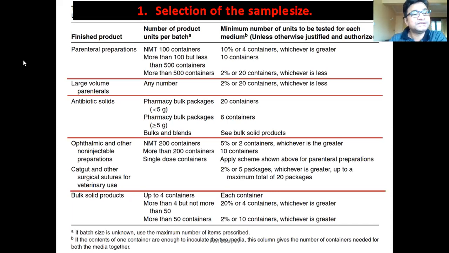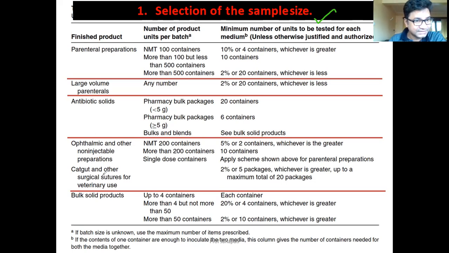Please try to listen. So here, selection of sample size. In a batch, how many samples do you need to select? For parenteral preparations, there are different preparations here as we discussed.